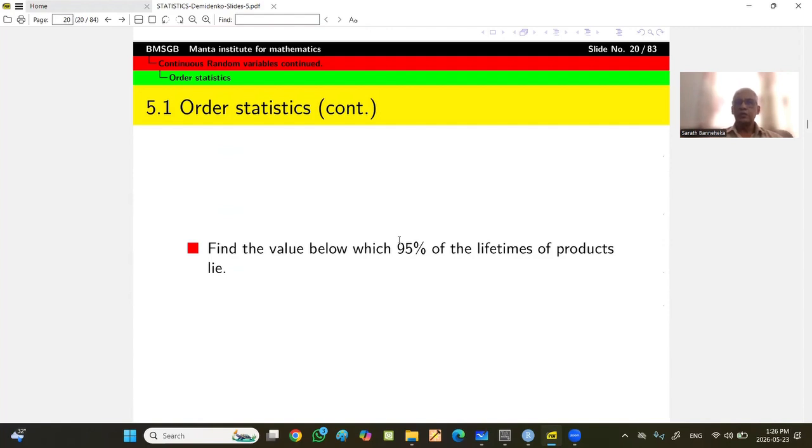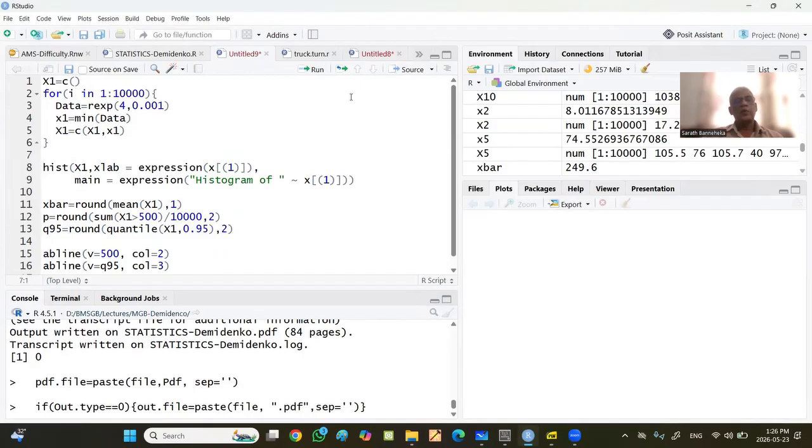Right? And then using those 10,000 possible values of x1, we can answer these questions. We can get approximate answers. Right. So let us together write down an R program.